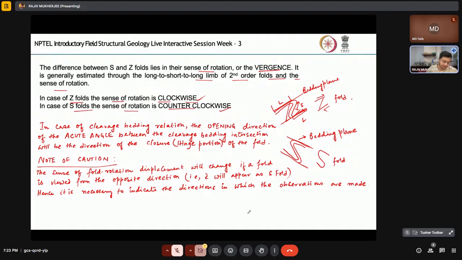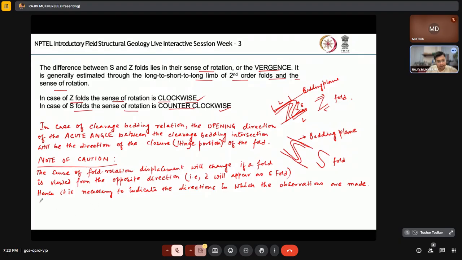And it is better to choose a section to record these vergence when the fold is viewed from the down plunge direction.